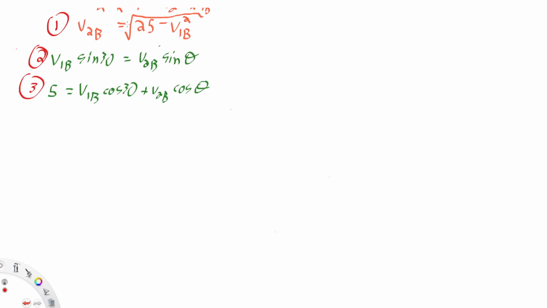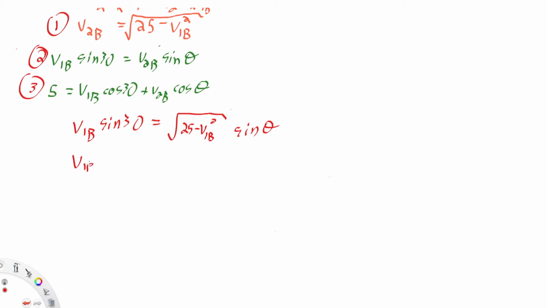If we take 1 and plug it into 2, we get v1b sine 30 equals square root of 25 minus v1b squared sine theta. Let's solve for v1b here. So we're going to square both sides.